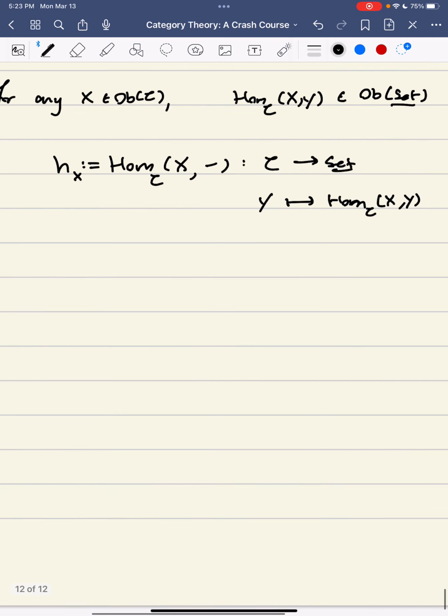So I defined it on objects. We have to see what it does on morphisms. If I have any morphism G from Y to Z, what is this functor applied to G?